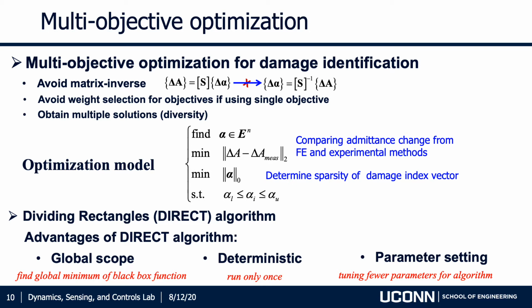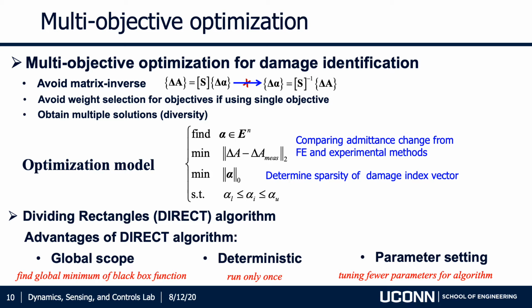And because only a small area has damage, the damage index vector is sparse, so we formulate the second objective, the zero norm, to determine the sparsity of the damage index vector. And then we use the dividing rectangles algorithm to solve it.